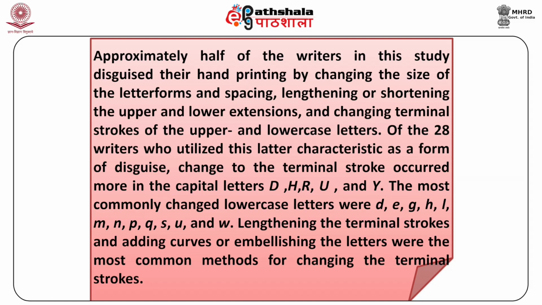Of the 28 writers who utilized the letter characteristics as a form of disguise, change to the terminal stroke occurred more in capital letters, that is capital D, H, R, U and Y. The most commonly changed lowercase letters are small d, E, G, H, L, M, N, P, Q, S and W.